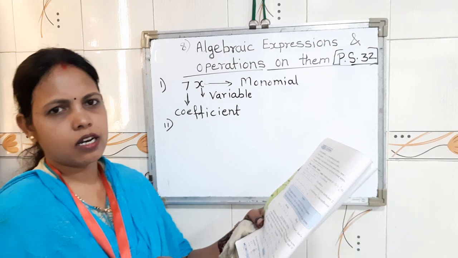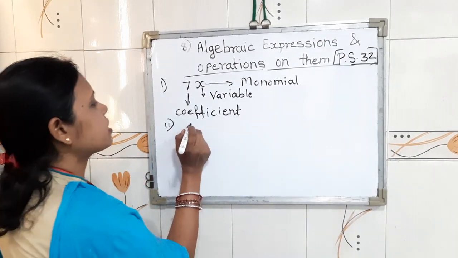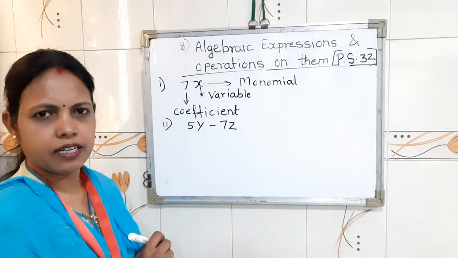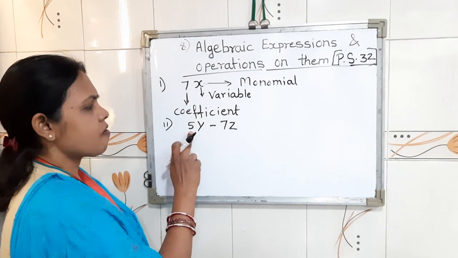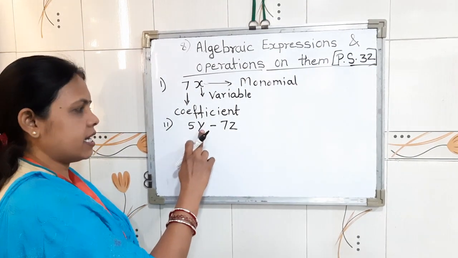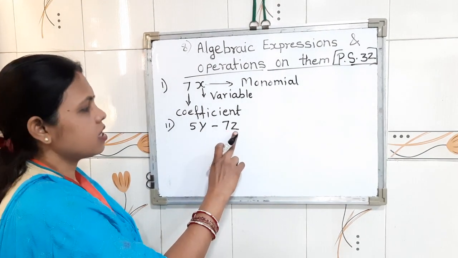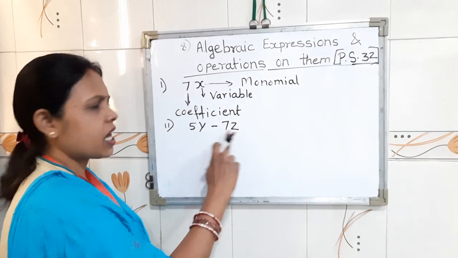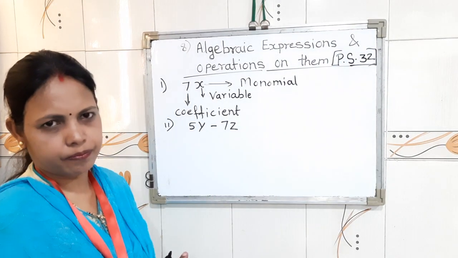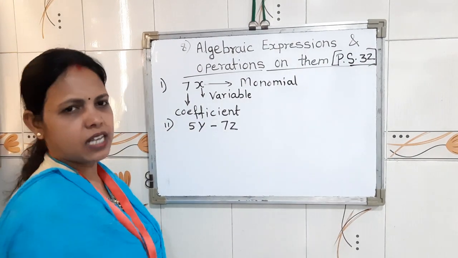Question number two is given: 5y minus 7z. Here 5 is the coefficient and y is the variable. Again 7 is the coefficient and z is the variable. In between both, one negative sign is there. From this, you will come to know that two terms are there.